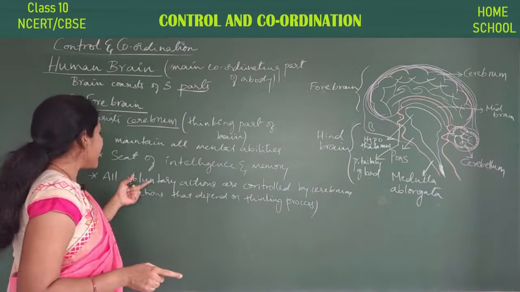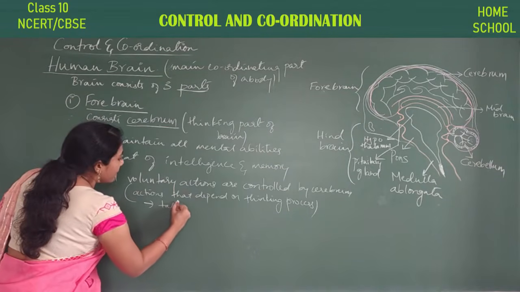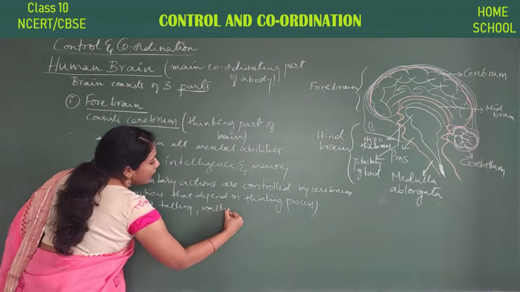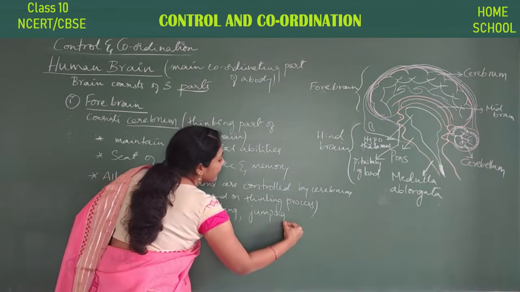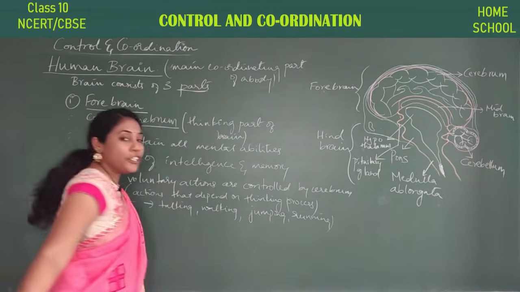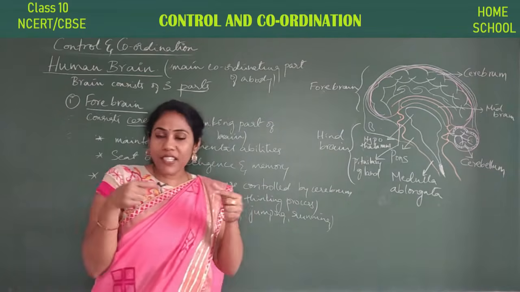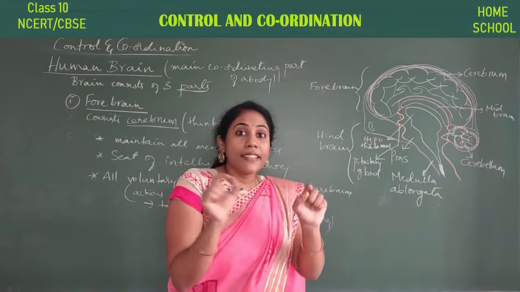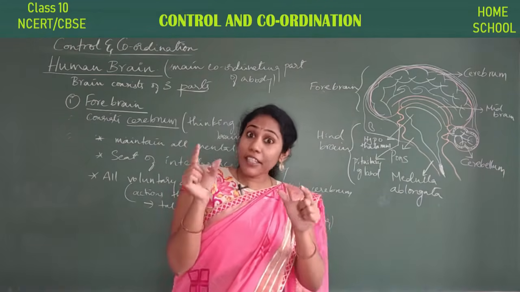Examples of voluntary actions are talking, walking, jumping, running, lifting your hand, drinking, eating. All these physical activities that you do with hands and legs are called voluntary actions, and these actions are under your control.